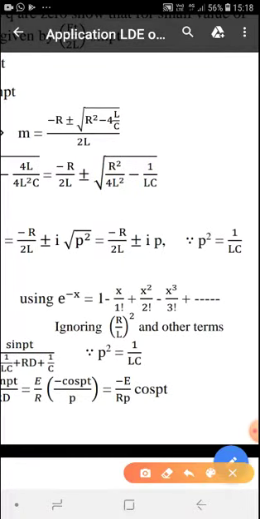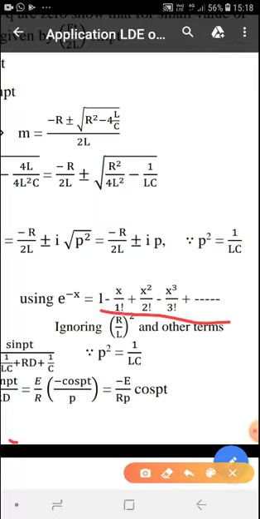And if we expand it, writing x as minus Rt by 2L, 1 minus Rt by 2L divided by 1 factorial is minus Rt by 2L, plus x square becomes Rt by 2L whole square, meaning R square t square by 2 square L square, in which that R square by L square comes.